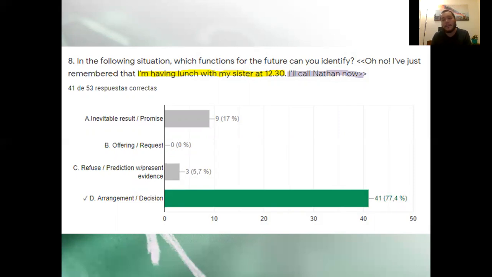What is important? The words in yellow, I'm having lunch with my sister at 12:30, which is present continuous. And the present continuous, is or are plus the verb in the ing, means that it is an arrangement. If you remember, present continuous, plans, synonym of arrangement.